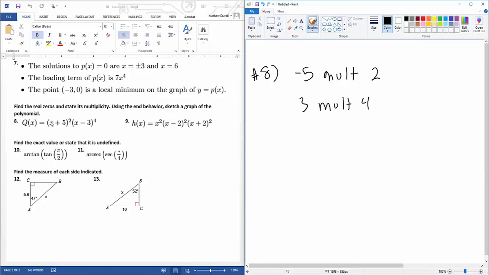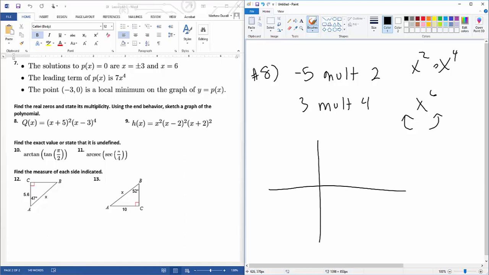So right here, x is my leading term. I have 2 of them, so I have x squared so far, times, and then I have x to the 4th, so times x to the 4th, and so that's going to give me x to the 6th. Well, the end behavior means that they're both going to go up like that. So now sketching my polynomial, for the y-intercept, I'll just say it's going to end up being positive, but it's going to be somewhere up there, just to save some time.